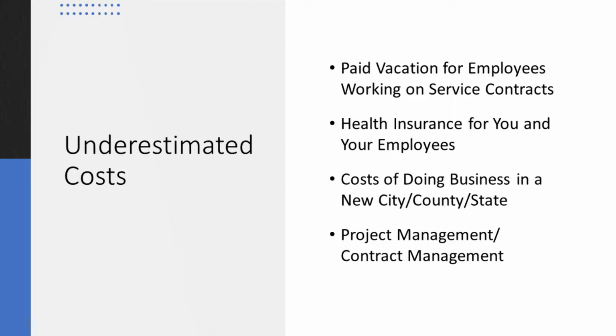I've seen businesses lose money because they underestimated the cost of paid vacation for their employees, or they took a contract in a different location and didn't understand you need state or local costs to do business in that location.